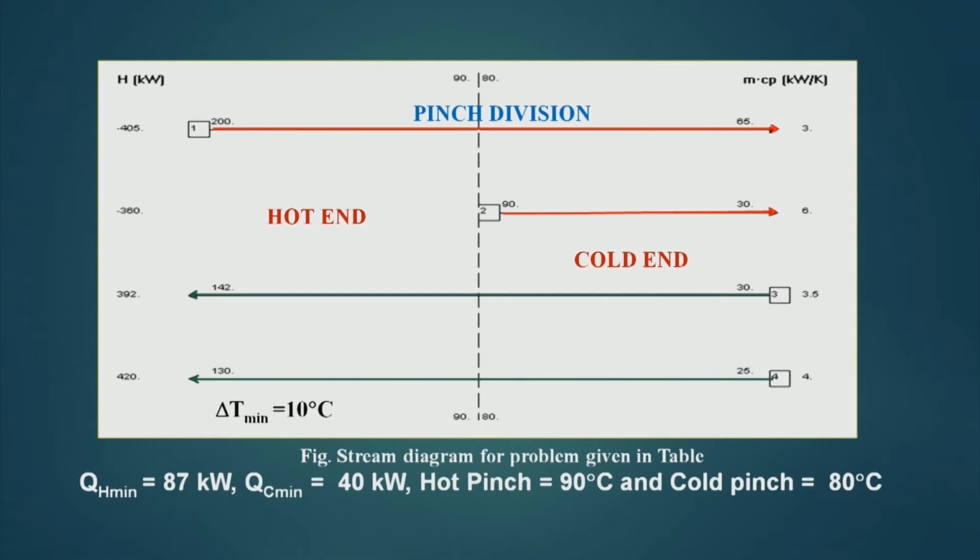Now, this is the stream diagram or the grid diagram for the problem. The hot pinch temperature is 90 degree centigrade and the cold pinch temperature is 80 degree centigrade, and QH minimum is 87 kilowatt and QC minimum is 40 kilowatt.